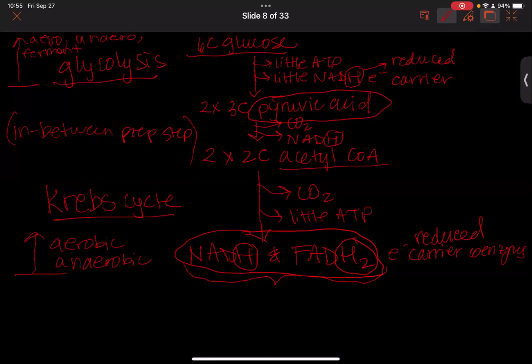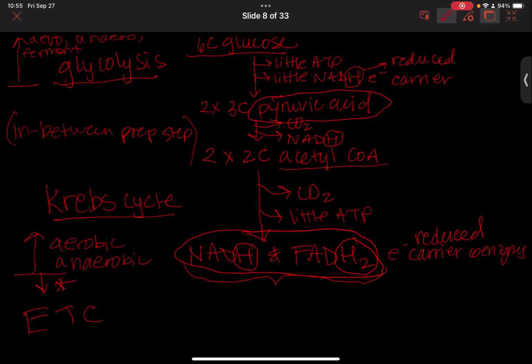Now, aerobic and anaerobic, they'll also go through these guys. They also do go through, I'll put a little asterisk here. So, they do go through the electron transport chain.